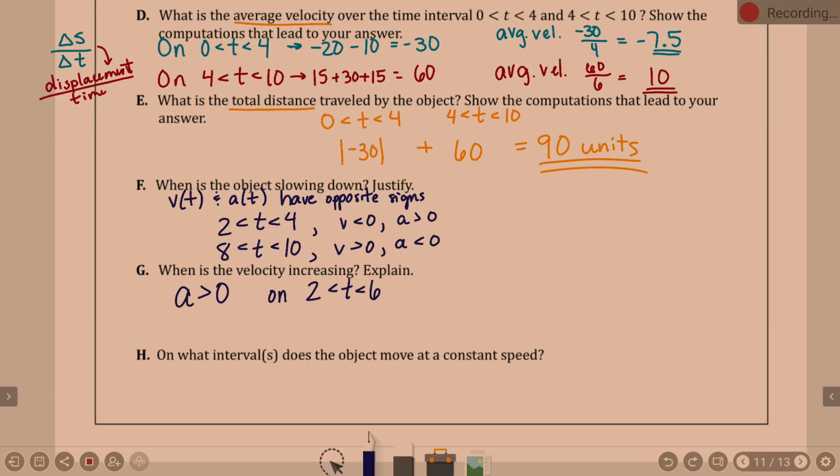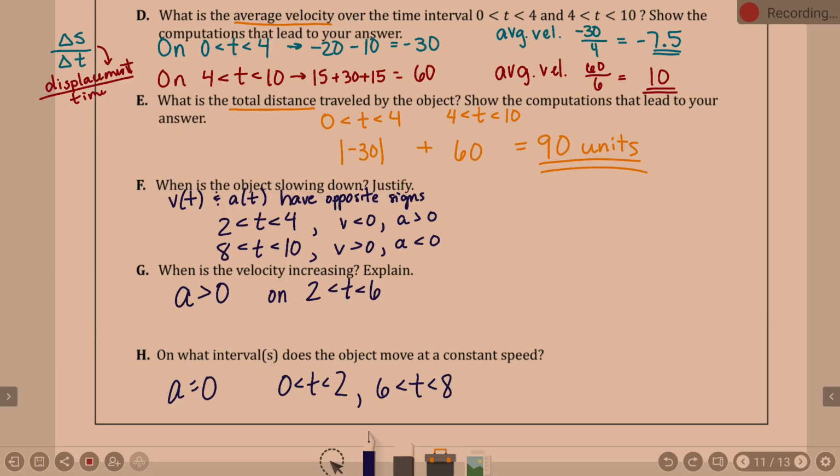On what interval does the object move at a constant speed? 0 to 2, because acceleration is 0. So 0 to 2, and 6 to 8.